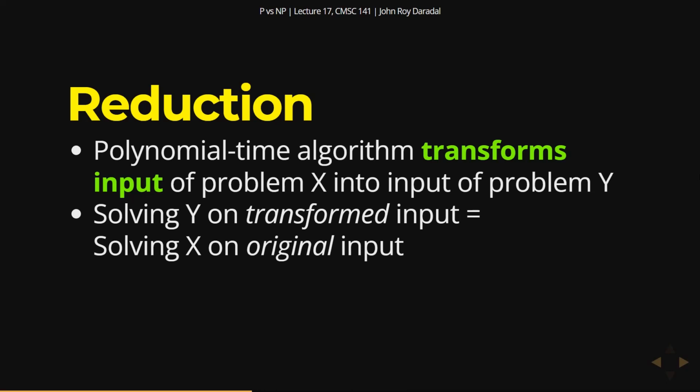Just like what we did with independent set and clique, right? We converted the clique's graph into the inverse graph, and then that's when we solve the independent set, right?